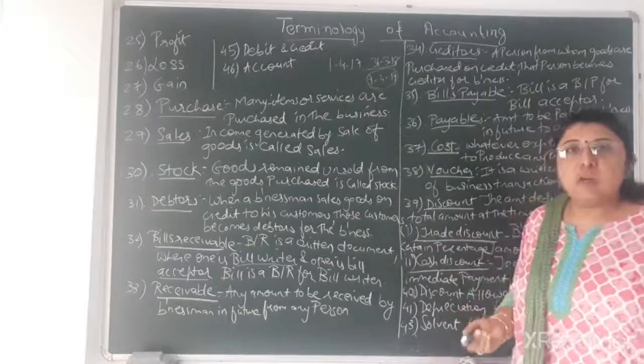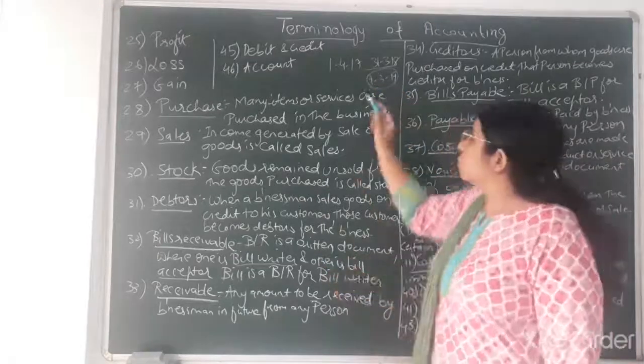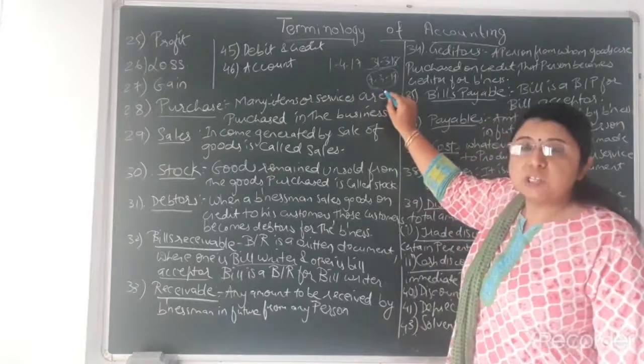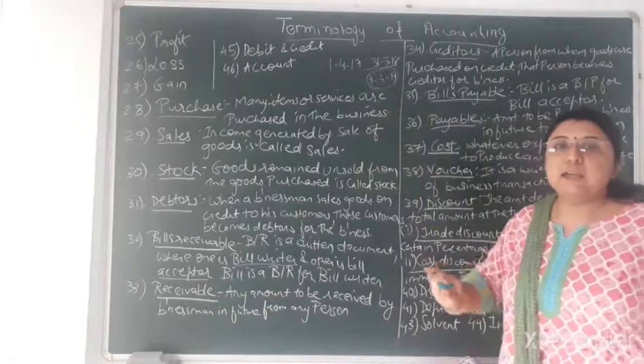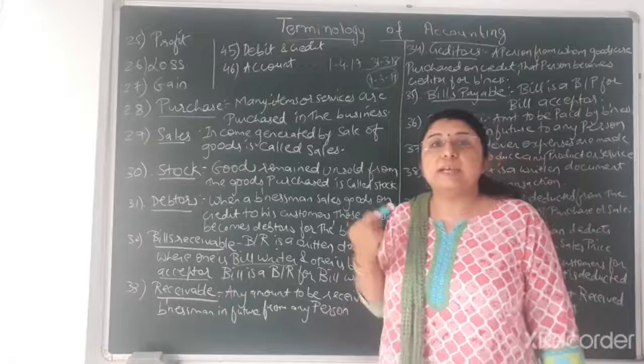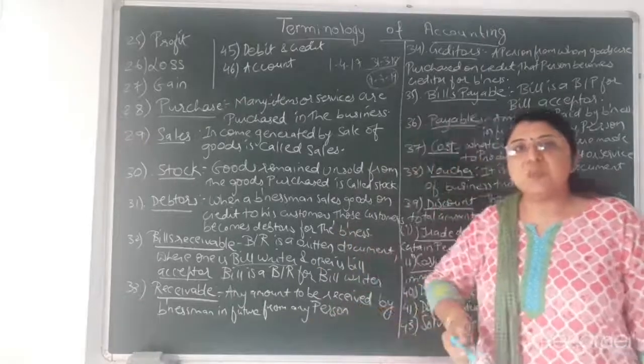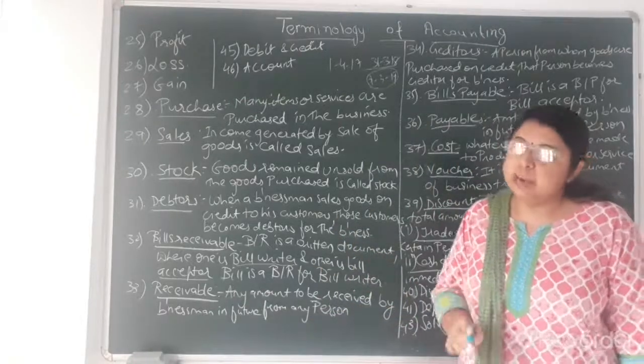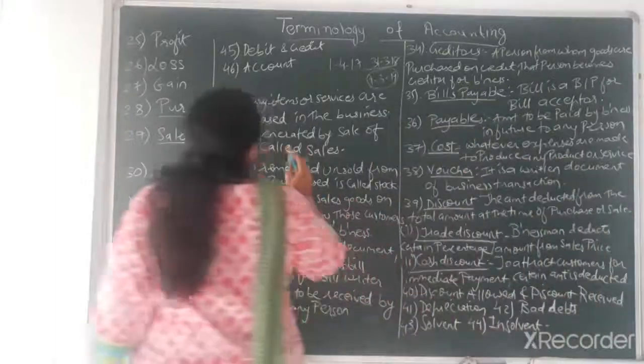So in the next year, when the actual accounting year, that is 1st April 18 to 31st March 19, occurs, at that time we don't require to make that expense again, because that expense we have already paid in advance. So it is called prepaid expense.